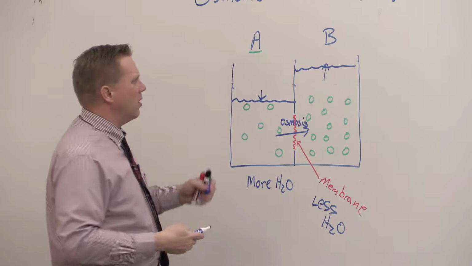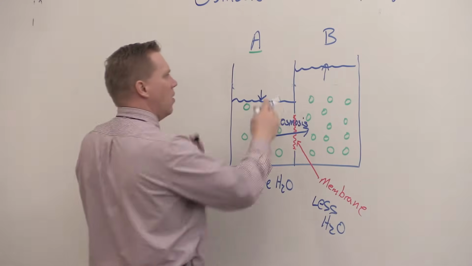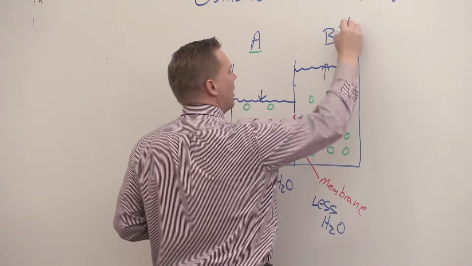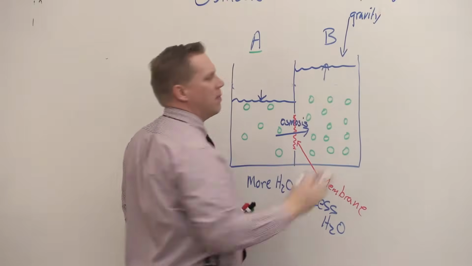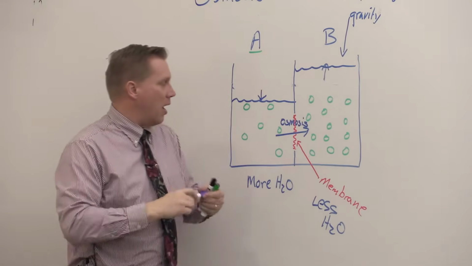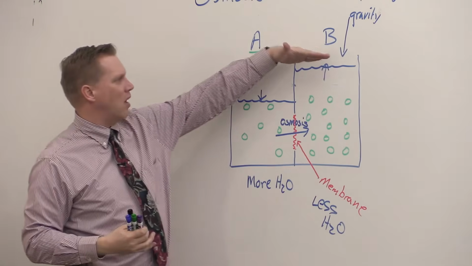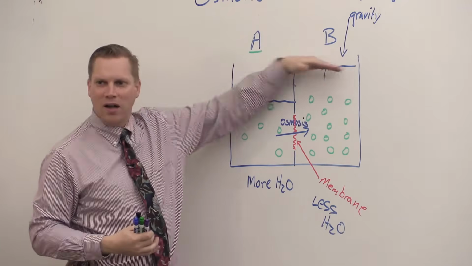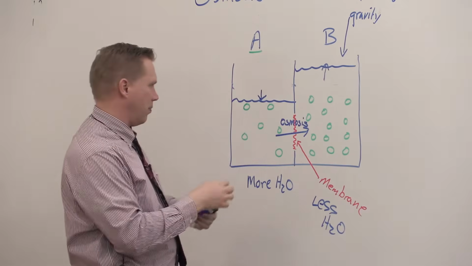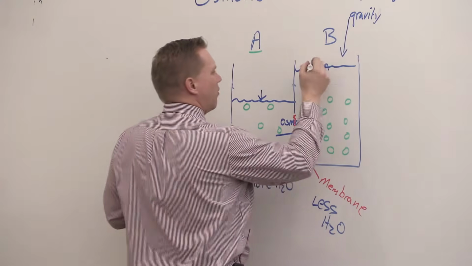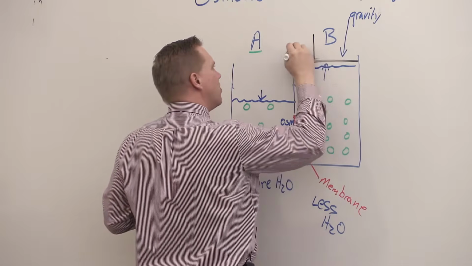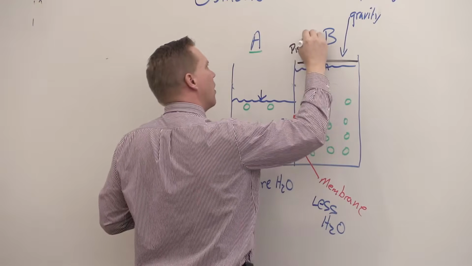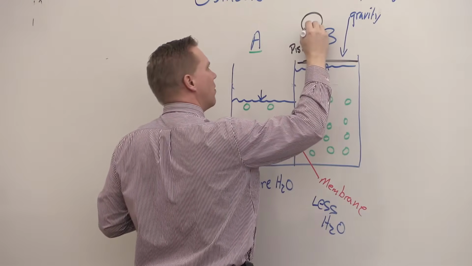Or the other thing that can happen is, remember on this chamber, we've got things like gravity that are going to be pushing down. There are some chambers that we actually put a piston on top of, with a gauge. We might have gravity, or let's just draw some kind of piston. And then we put a gauge on this.